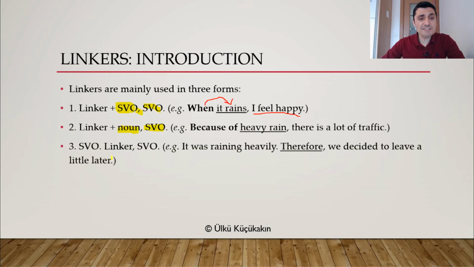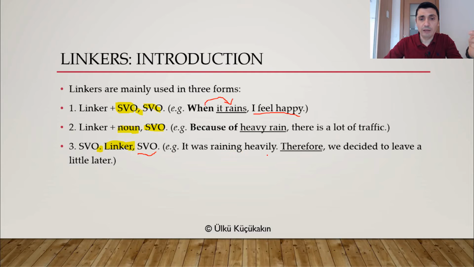And finally, we have sentence linkers. Now, what does that mean? We have one full sentence, then we have a full stop right here, okay? After that, we have a linker. And finally, we have another sentence. So this kind of linker combines two separate sentences.